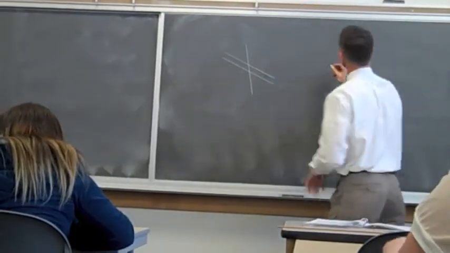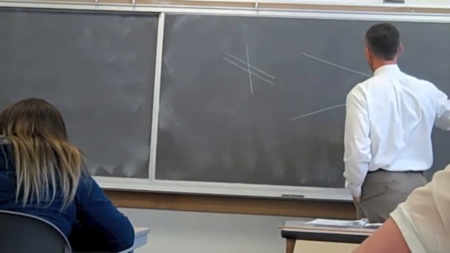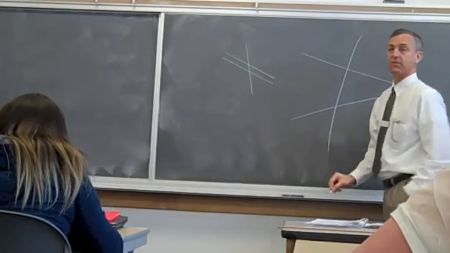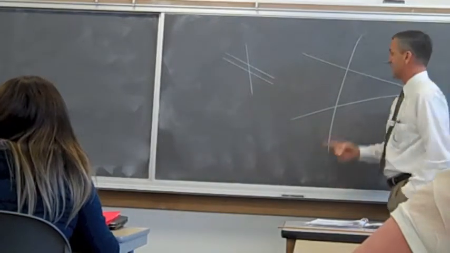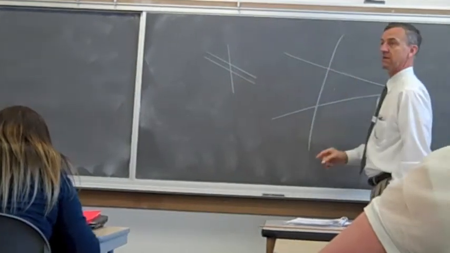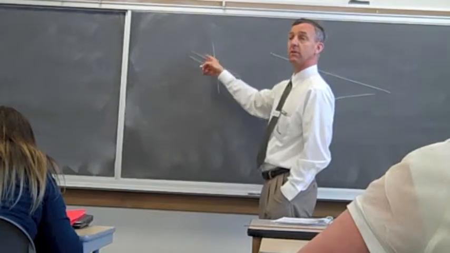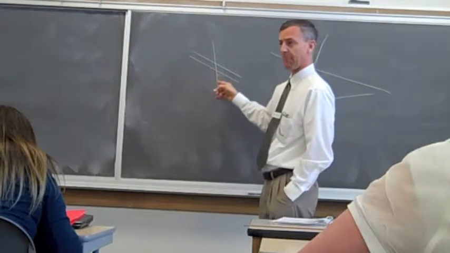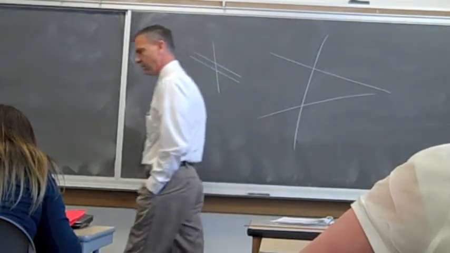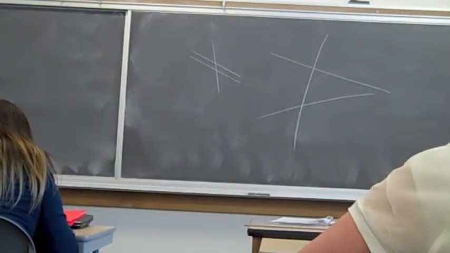Okay. So I could have a line like this, and another line like this, and that could be a transversal, right? The definition is a line that cuts two or more other lines. But in our case, we've got it so that they are parallel.